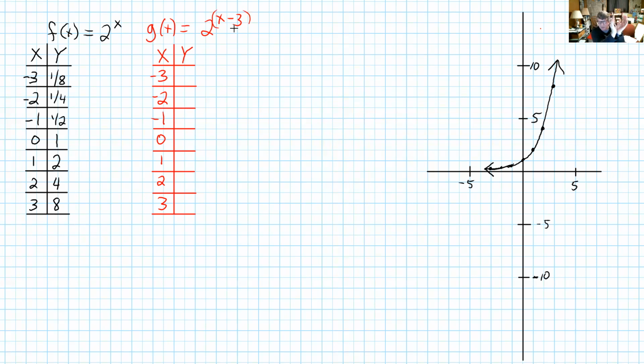But what about a number inside? If it was a plus, it moved it in a negative direction, and a minus moved it in a positive direction. So this minus 3 inside there, I'll bet it's going to move it to the right 3 units. Let's see if I'm correct. Let's just put the points in.